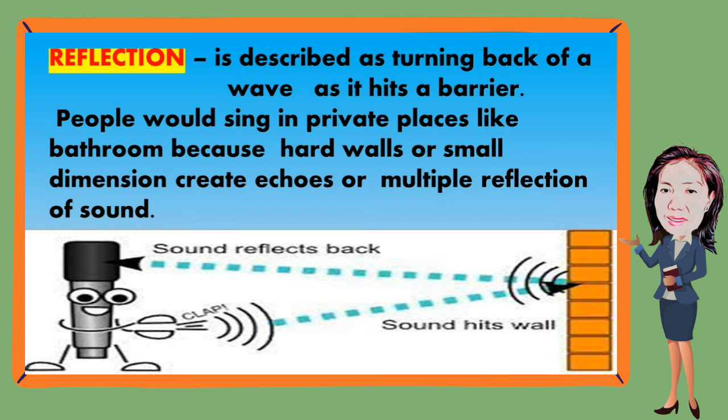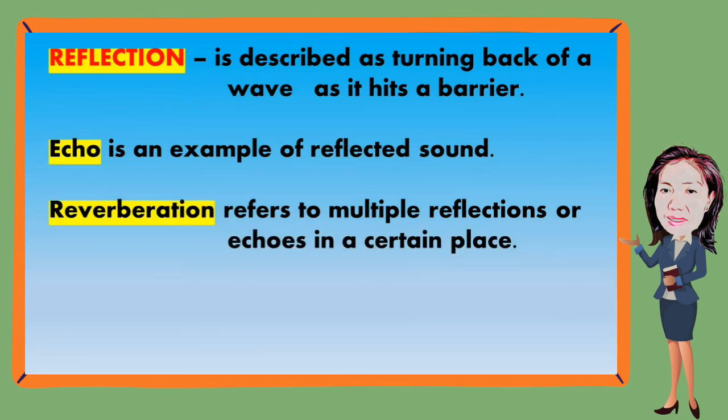So echo is an example of a reflection. When there are many echoes, that is called reverberation. So echo is an example of reflected sound. Reverberation is multiple reflections or echoes.